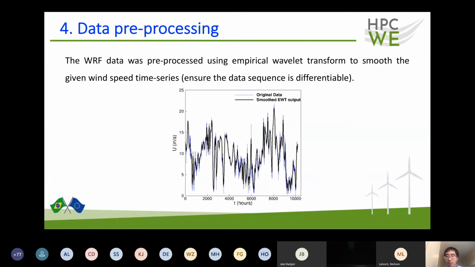So here we need some other technology called empirical wavelet transform to smooth the wind speed time series, just to ensure our data sequence is differentiable. Because as you noted before, we need the differentiation of the WRF data. So here we have to remove the high frequency noise.